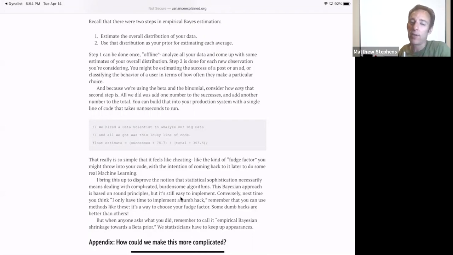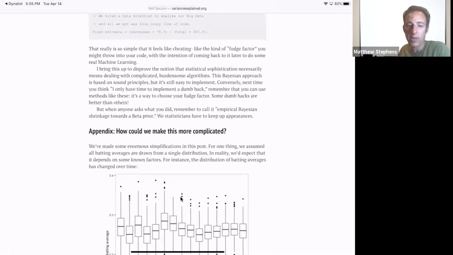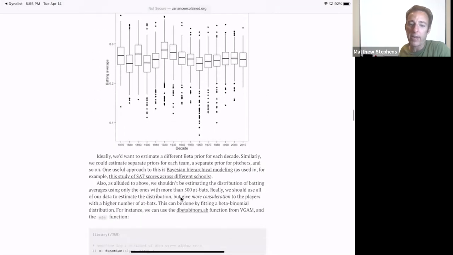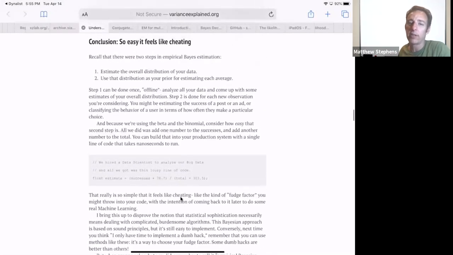And idea number two is that Bayesian analysis often ends up moderating the data with the prior, and as a result, you get what is called shrinkage, where you move the MLE towards the prior mean. Okay, so those are the key ideas, and we've waved our hands around the statistical details. He also talks about how we could make it more complicated. We're going to talk about how we can make these ideas a bit more rigorous in the next video.